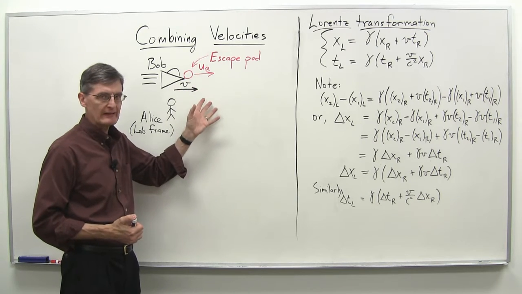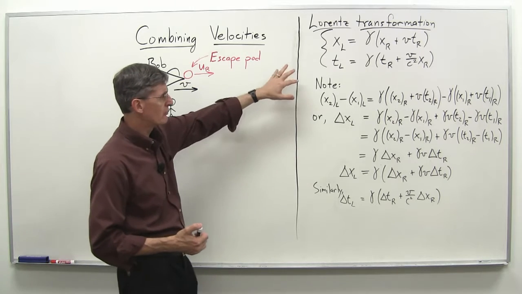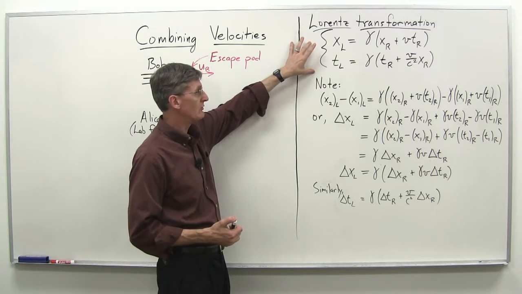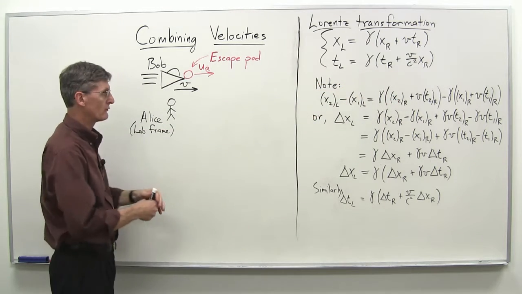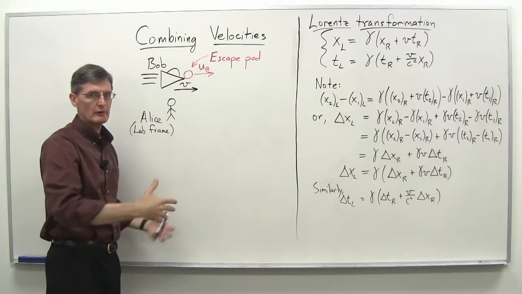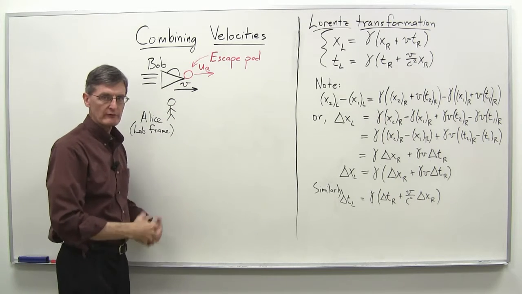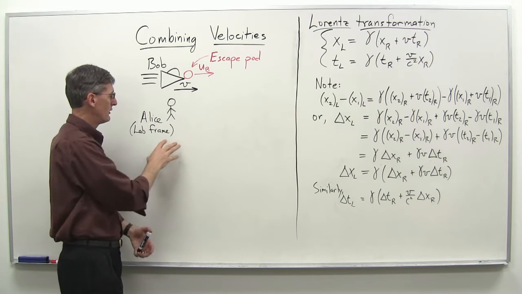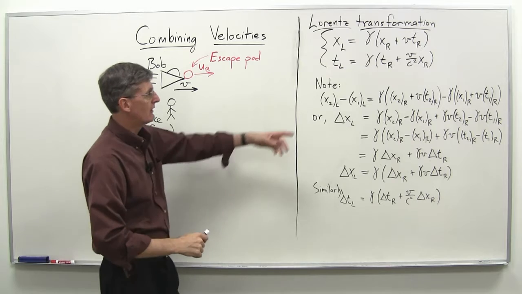Before we get into those details, let's remind ourselves about the Lorentz transformation. I've written the two basic equations here, where the r's stand for, in this case, the rocket frame. We could call it Bob's frame, of course, but we'll say it's the rocket frame moving with some velocity v to the right compared to Alice. And we'll say she's in the lab frame, thus the L's here.